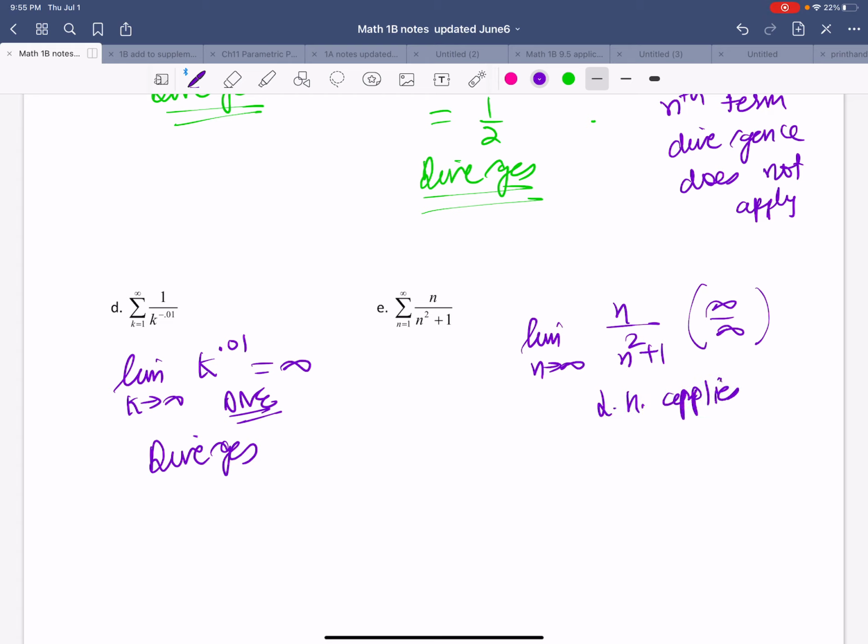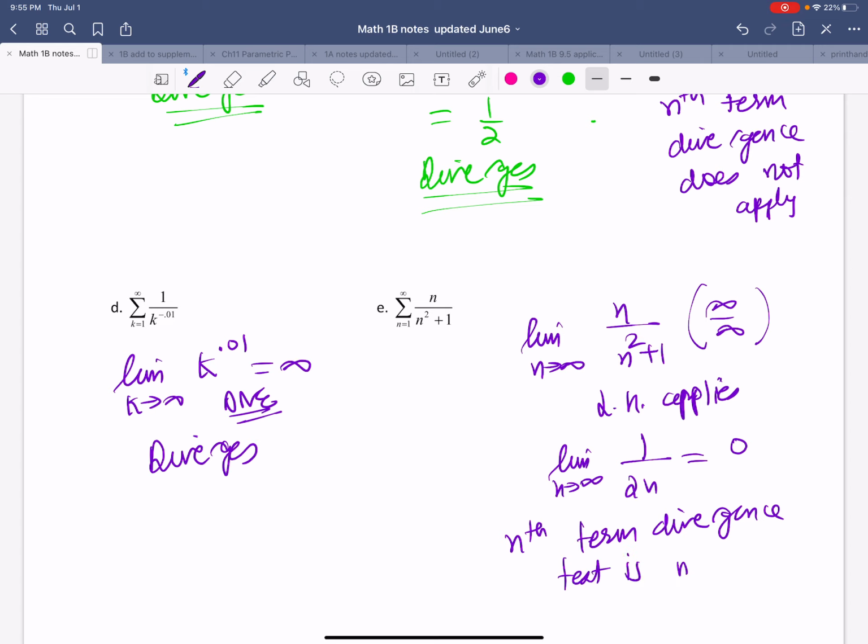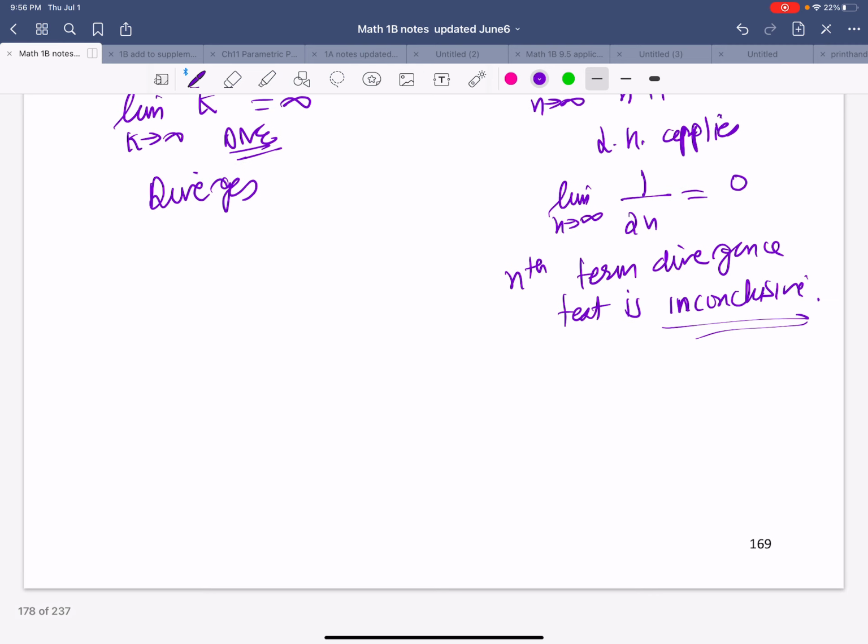L'Hopital's rule says that we can take the derivative of the numerator over the derivative of the denominator. When n goes to infinity, this limit goes to 0. Again, based on the nth term divergence test, it is inconclusive here. Based on that test, we cannot say anything for this problem.